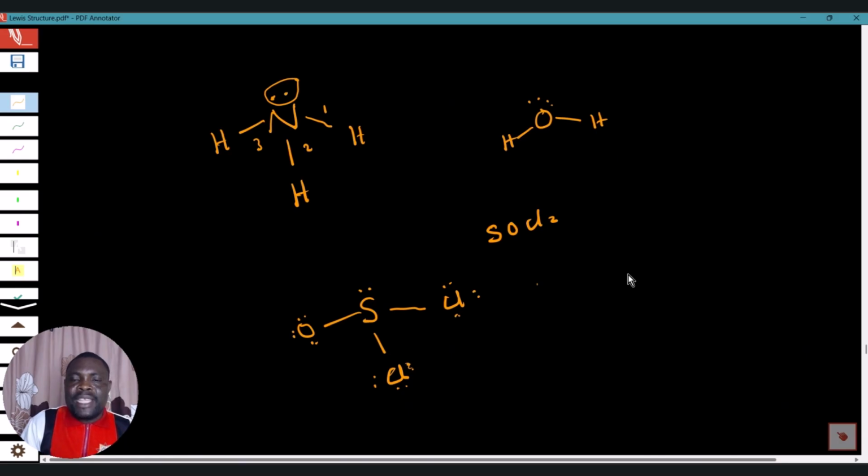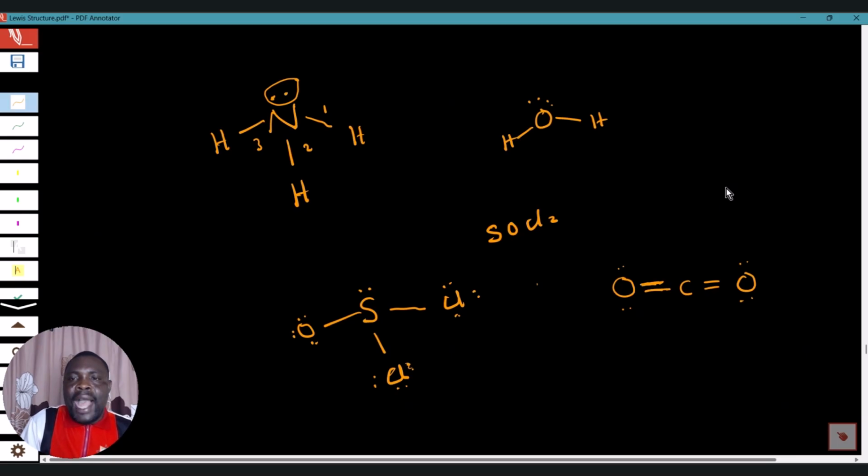Now, bond pairs can be single, double, or triple. Now, let's look at carbon dioxide. This is the structure of carbon dioxide. So you can see that carbon dioxide has bond pairs that are double.